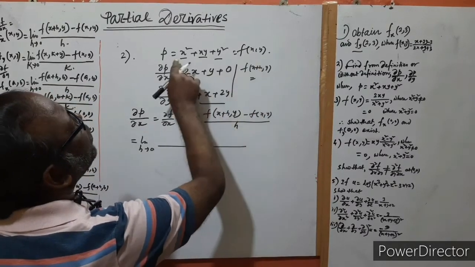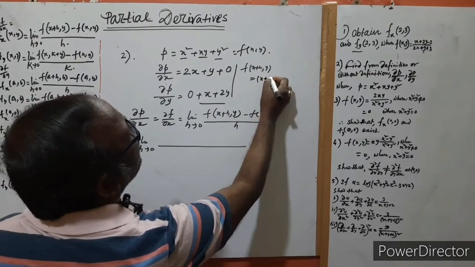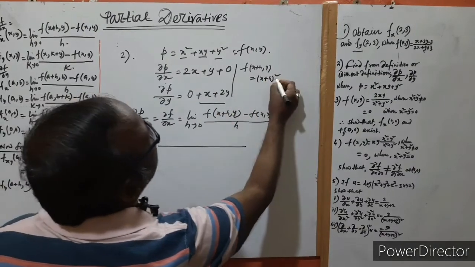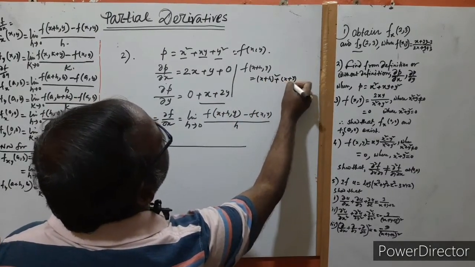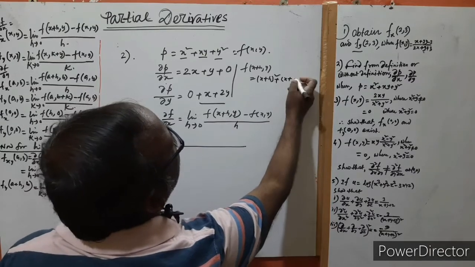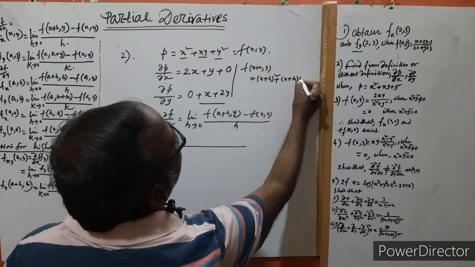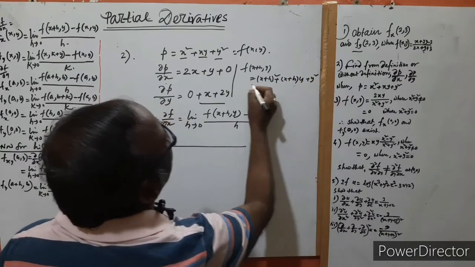So in place of x we put x + h. This is (x+h)² + (x+h)y + y².